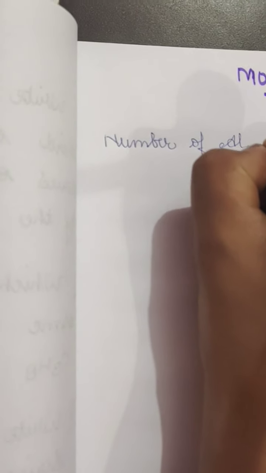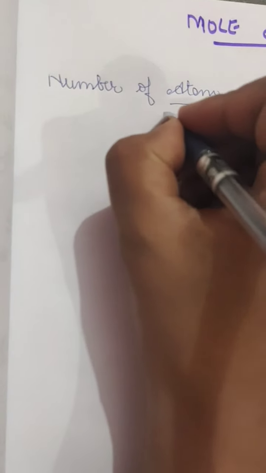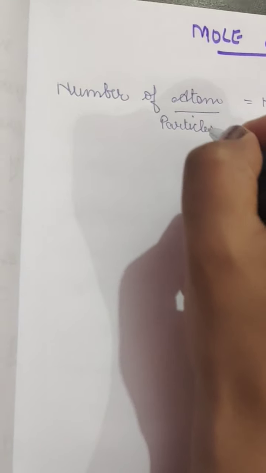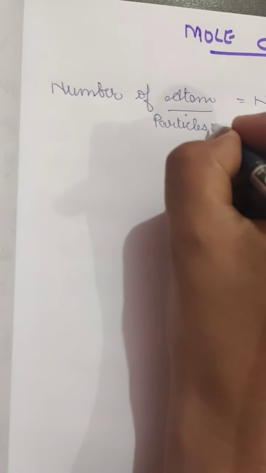Firstly, whenever we see the number of atoms in any question, it will be denoted by N. It can be number of atoms, number of particles, or number of ions.